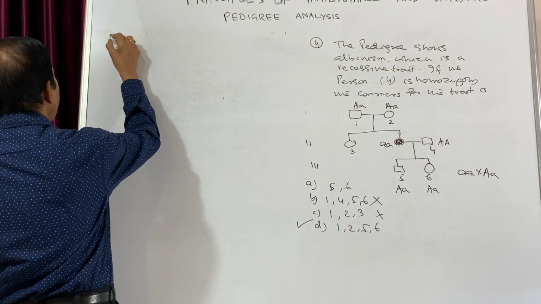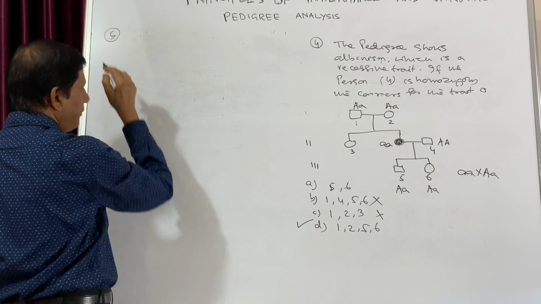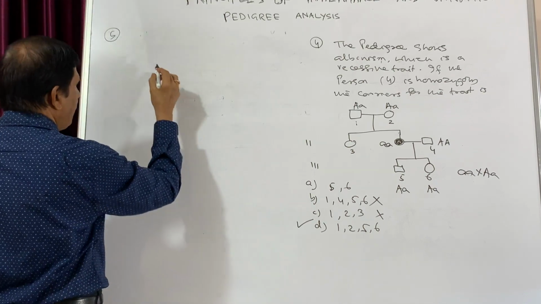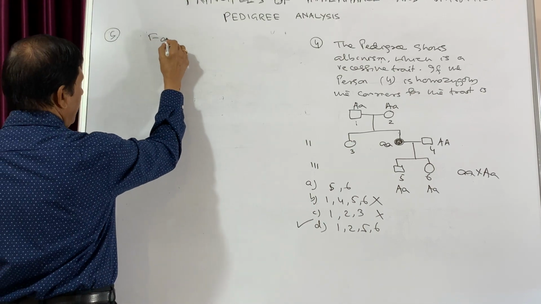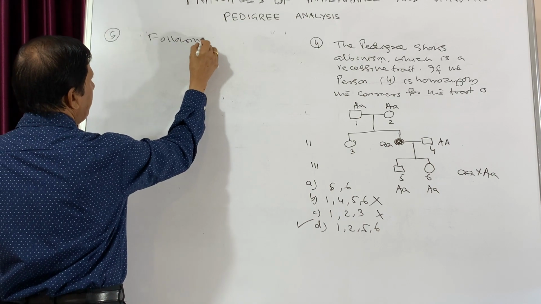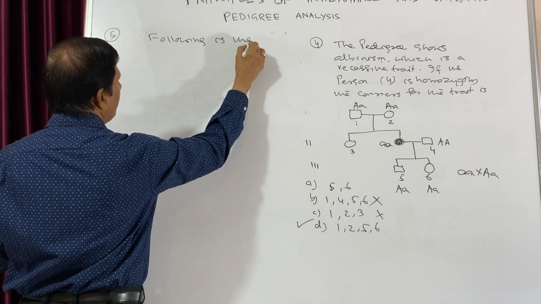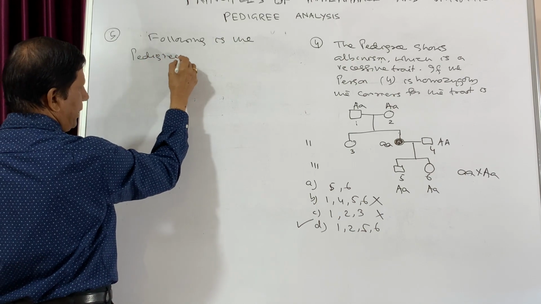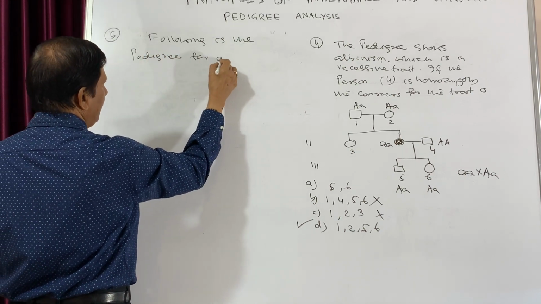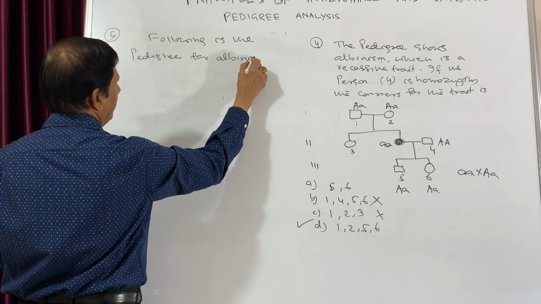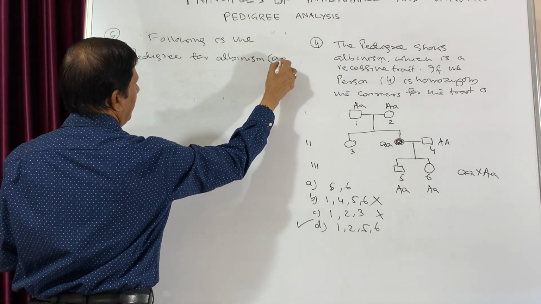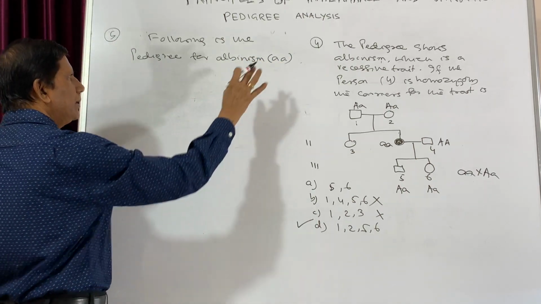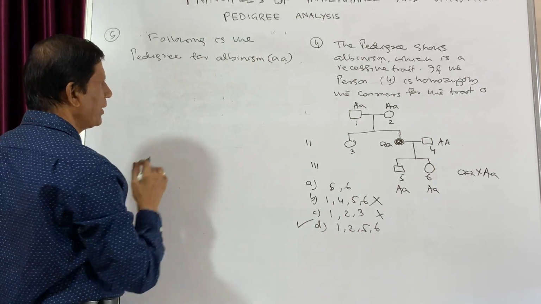Now, example number 5. Following is the pedigree for albinism. The genotype is also already written.